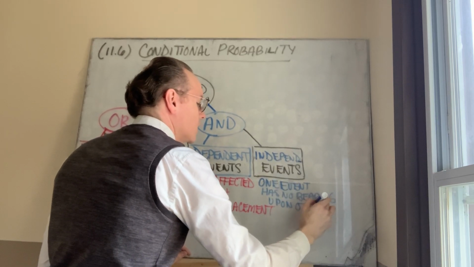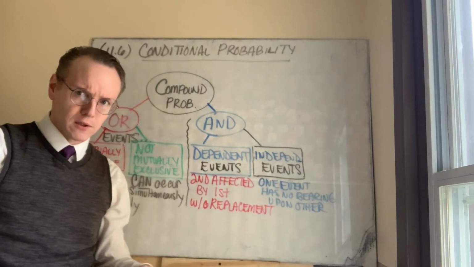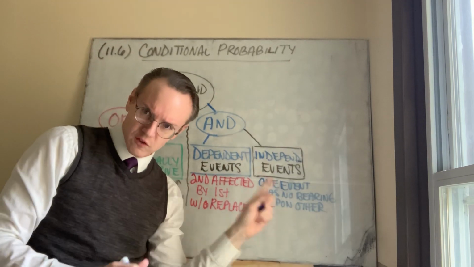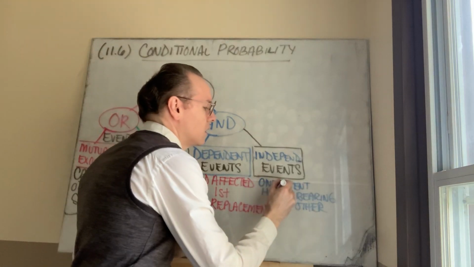They are truly independent of one another. It's like playing two different games, like a die roll in the first game and a card draw in the second game. One cannot affect the other. They're two different things.